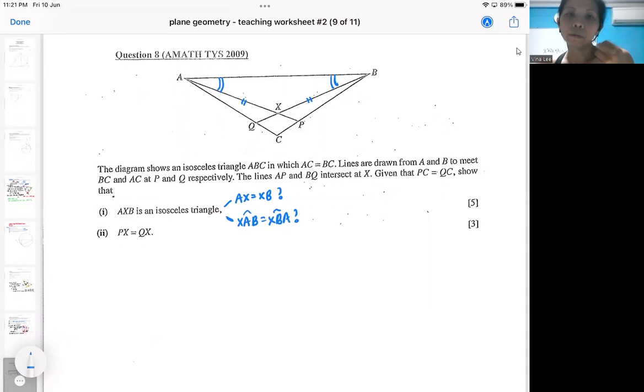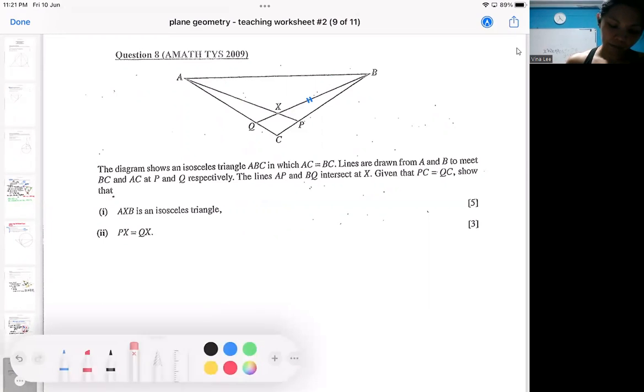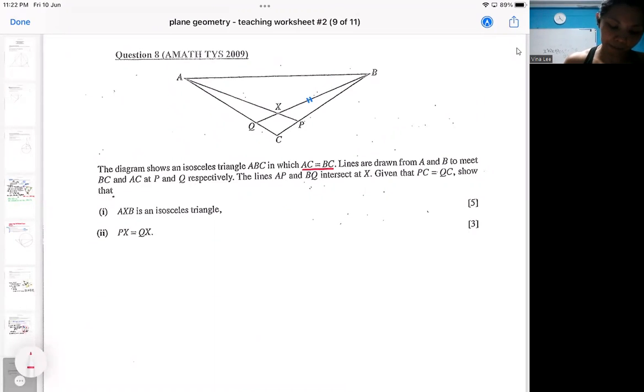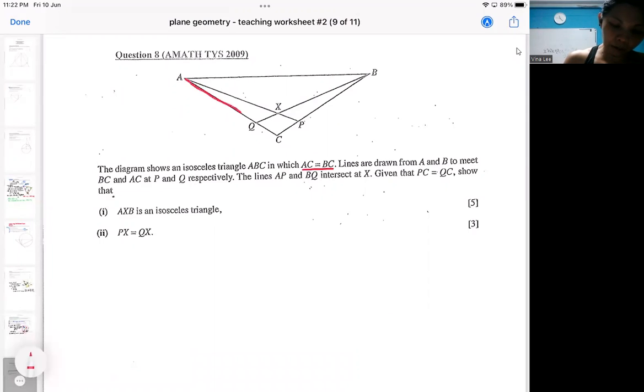Okay, so if you read, there seems to be a lot of information. We got some same lengths. Do you realize this part is the same length? They tell you that this is the same length. So what is the implication?